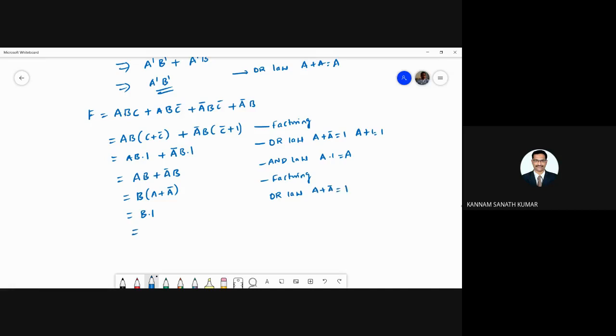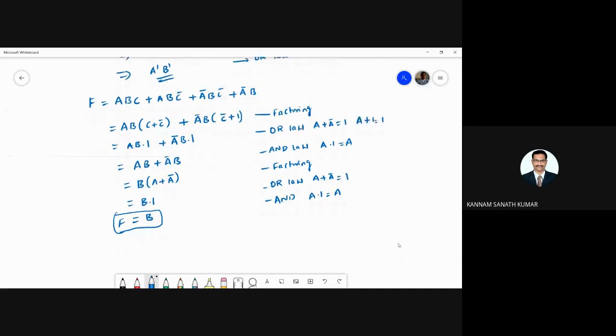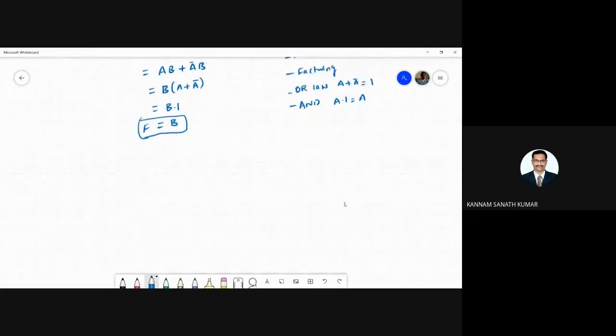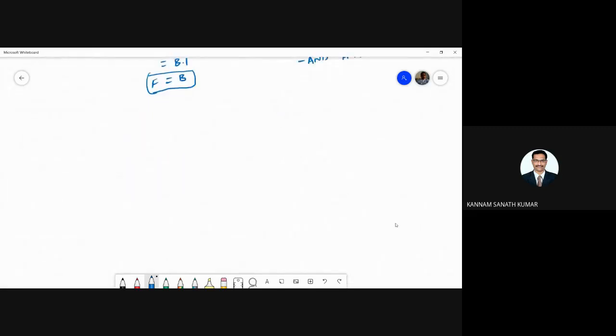Again, this is equal to B. So this is AND law. A into 1 equal to what? A. So that means at last expression, F equal to how much you got? B. F equal to B. So this is how you have to apply the Boolean laws and minimize the given expression into minimum number of literals.